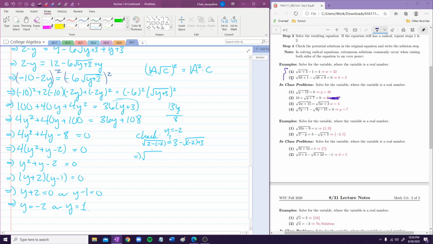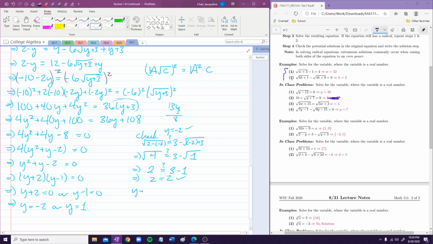Right, so 2 minus a negative 2 becomes 2 plus 2, which is 4. Does this equal 3 minus the square root of negative 2 plus 3, which is 1? The square root of 4 is 2, because 2 squared is 4. Does this equal 3 minus the square root of 1, which is 1? Okay, so I get 2 is equal to 2. So y is equal to negative 2 is a solution.